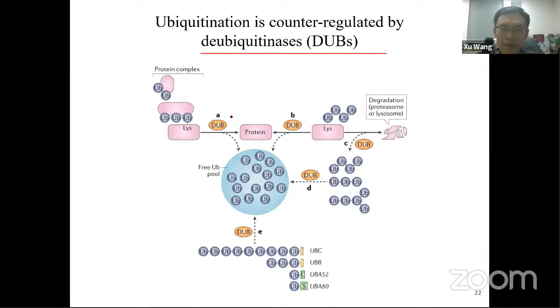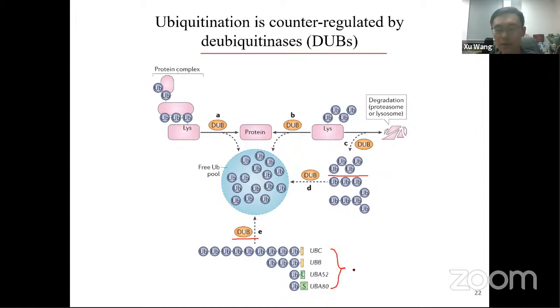So ubiquitination can be counter-regulated by deubiquitinases. The deubiquitinases, or DUBs, can remove ubiquitins from protein substrates. They can also cut the ubiquitin chains to release monomeric ubiquitin molecules. In addition, DUBs can release monomeric ubiquitins from the ubiquitin precursor proteins.